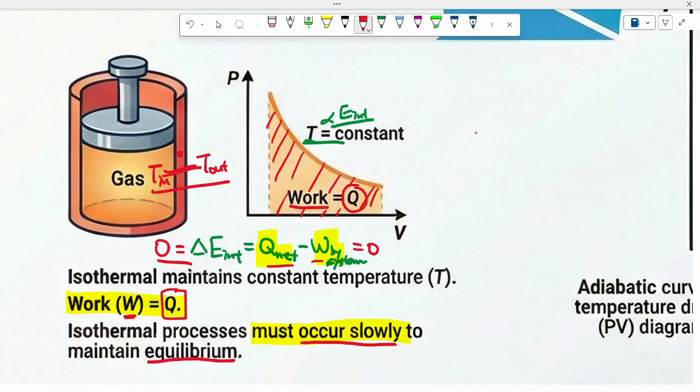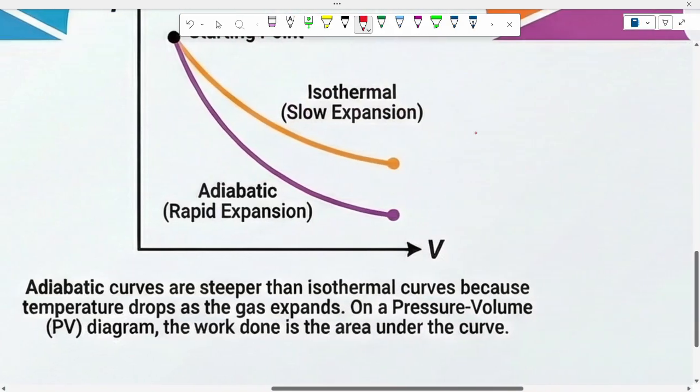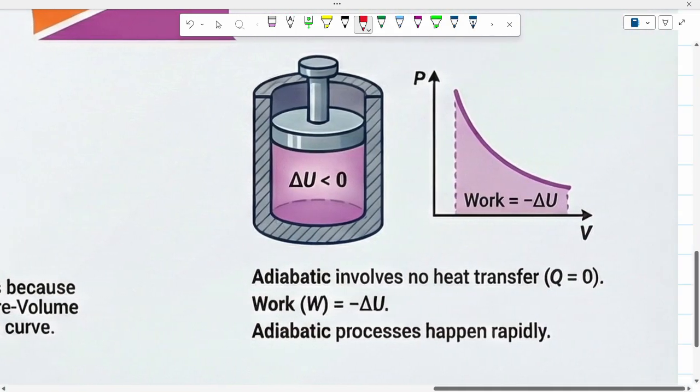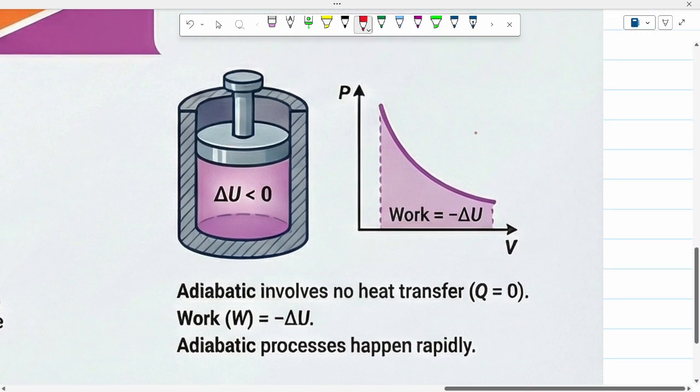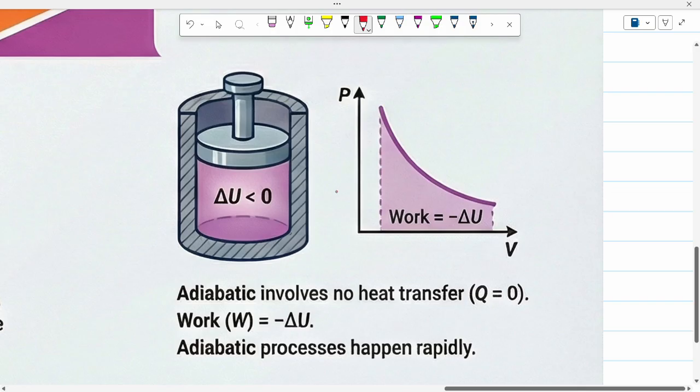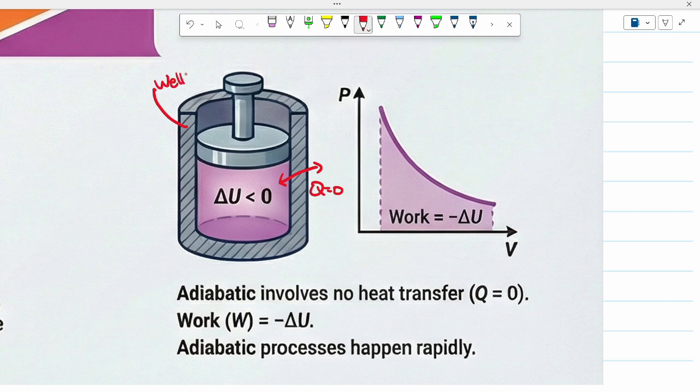Now for the adiabatic process, we'll come back to that chart. For the adiabatic process, again, it involves no heat transfer. Q is 0. And that can happen a couple of different ways, or a combination of two ways. One is you could make the wall well insulating so that any heat transfer that occurs is slow, close to 0.